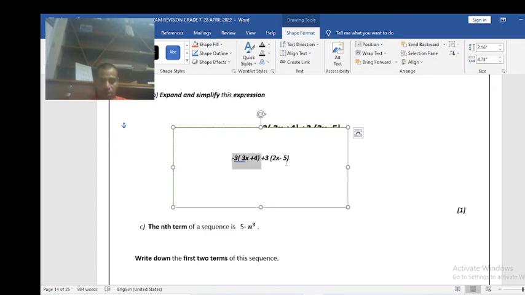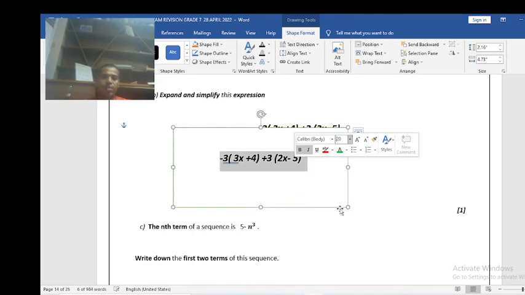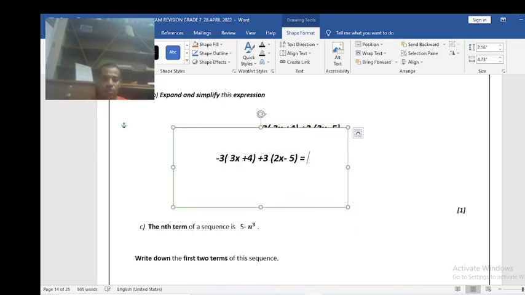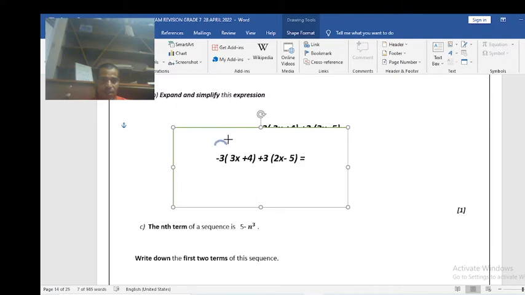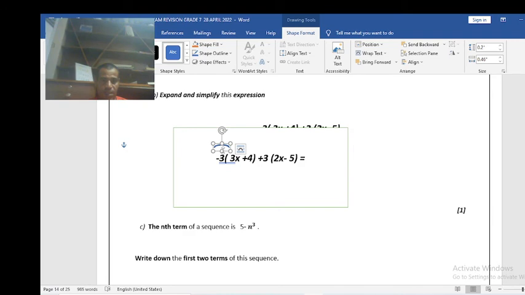This one is equal to minus 3 multiplied by 3x. I will use symbols so that it can help you. Minus 3 multiplied by 3x is equal to negative 9x.